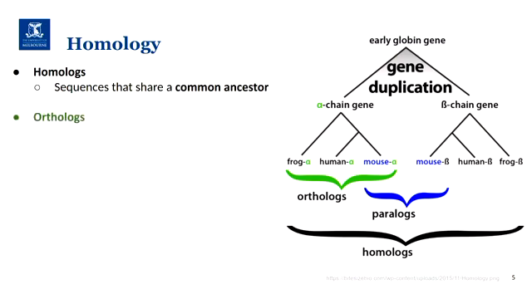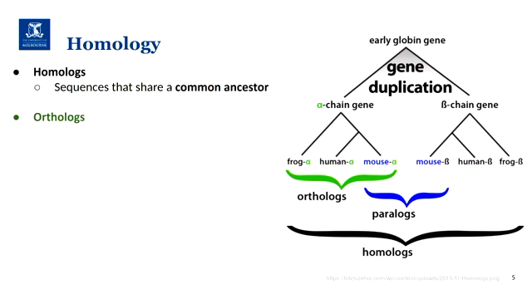And then you have a different concept, which is orthologs. Can anyone tell me what an ortholog is? So basically, homology will tell you, let's say, we take the myoglobin example, which is a protein that will be common to frogs, humans, mouse. And the fact that we have a common ancestor that has that protein makes these homologs.